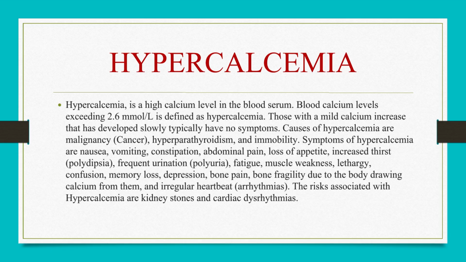Symptoms of hypercalcemia are nausea, vomiting, constipation, abdominal pain, loss of appetite, increased thirst, frequent urination, fatigue, muscle weakness, lethargy, confusion, memory loss, depression, bone pain, bone fragility due to the body drawing calcium from them, and irregular heartbeat. The risks associated with hypercalcemia are kidney stones and cardiac dysrhythmias.